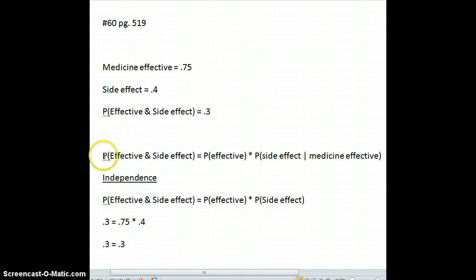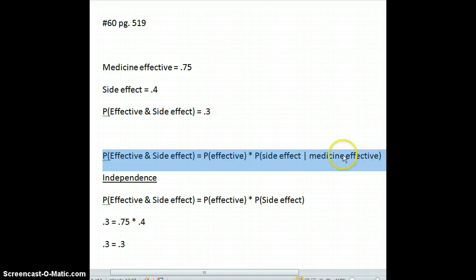A lot of events aren't independent, and this is what we usually have to do if events were not independent. It would be an equation like this. Because a lot of events in life, for example, when the medicine works on your body, that could reduce the chances of a side effect. And then when a medicine doesn't work on your body, maybe that increases the chances of a side effect.